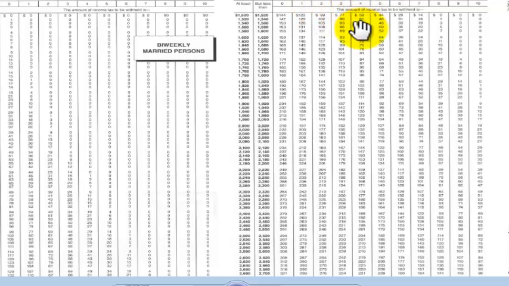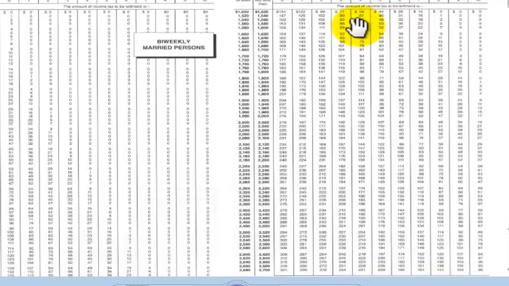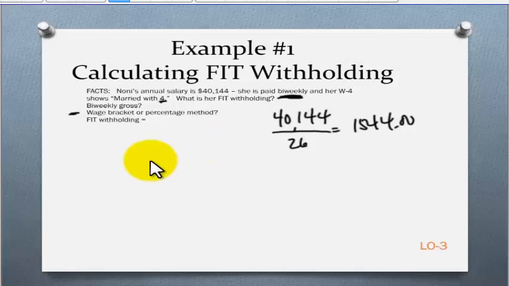We've got 4 withholding allowances, so therefore the amount here is 63. So that is how much federal income tax she needs to have taken out of her paycheck every time she's paid a biweekly gross amount of $1,544. Okay, so let's go back to our example.